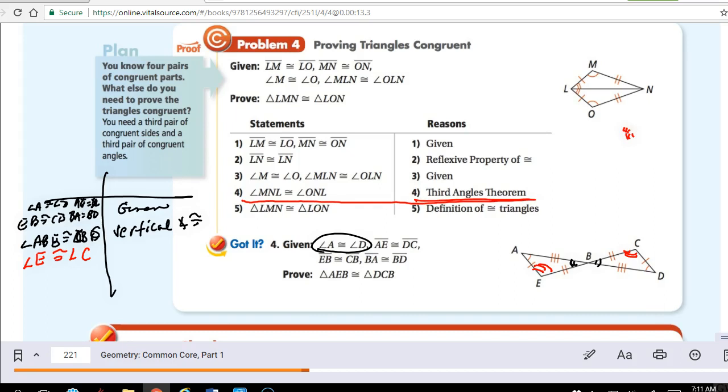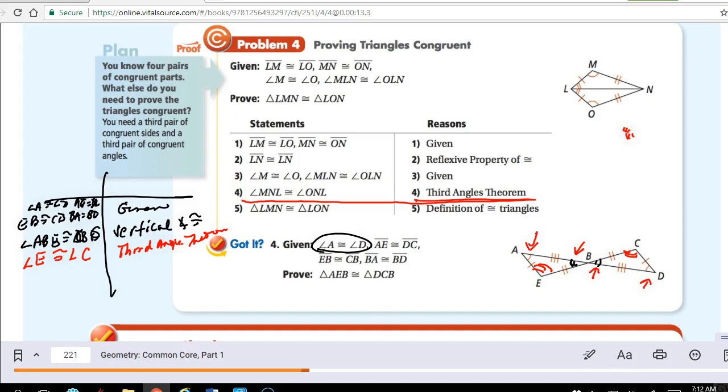If we know two of the angles of a triangle, then we automatically know the third. So if these two right here are congruent to these two right here, then the third ones would also have to be congruent to each other. And again, that's called the third angle theorem.